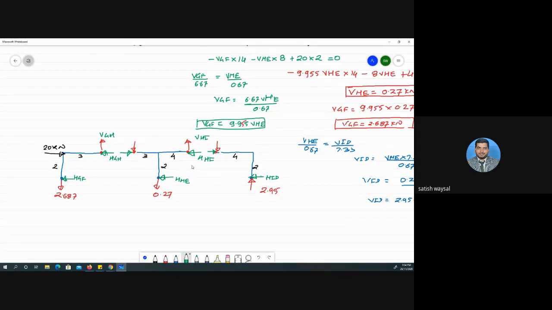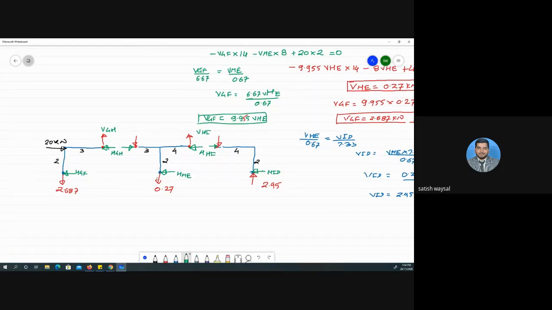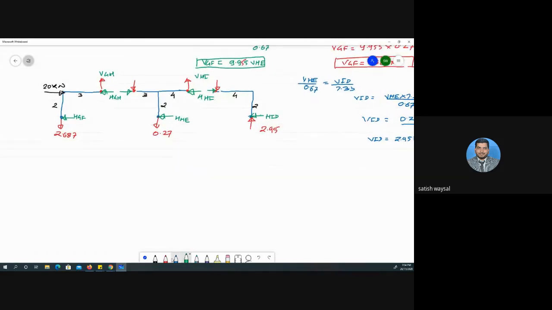Okay, so let us start. You are already familiar with how to carry out this process. Divide this into three parts. In the first case, our interest is to find VGH. We can apply summation Fy is equal to 0 first. So upward force positive, downward force negative.